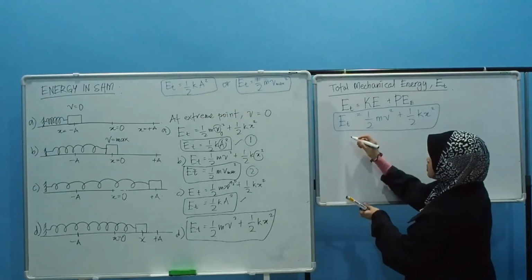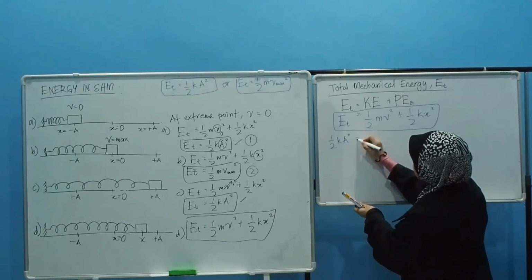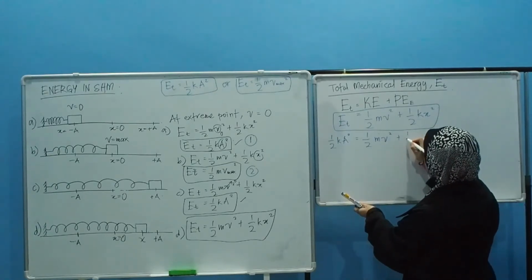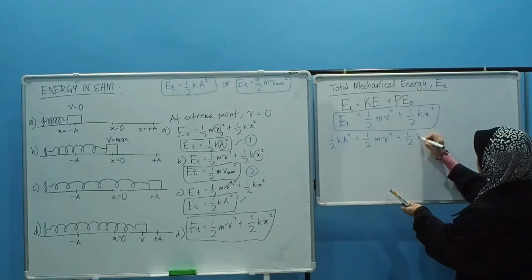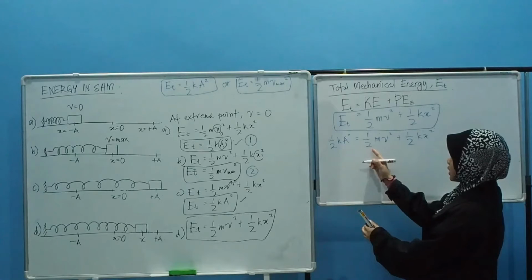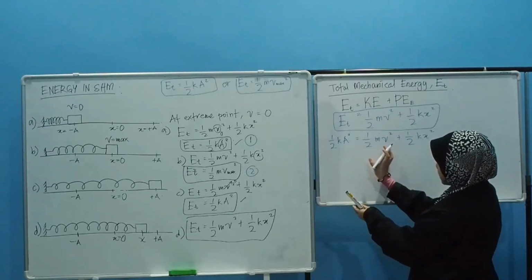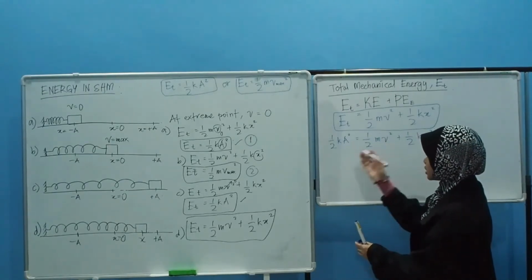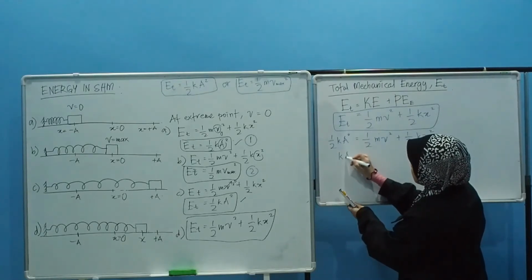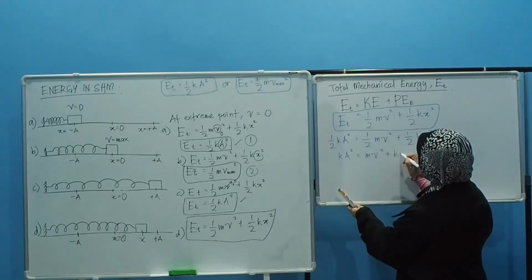So the equation becomes half kA squared is equal to half m v squared plus half k x squared. So from here, factorize half, so it can cancel each other on this side and this side. So the equation becomes kA squared is equal to m v squared plus k x squared.